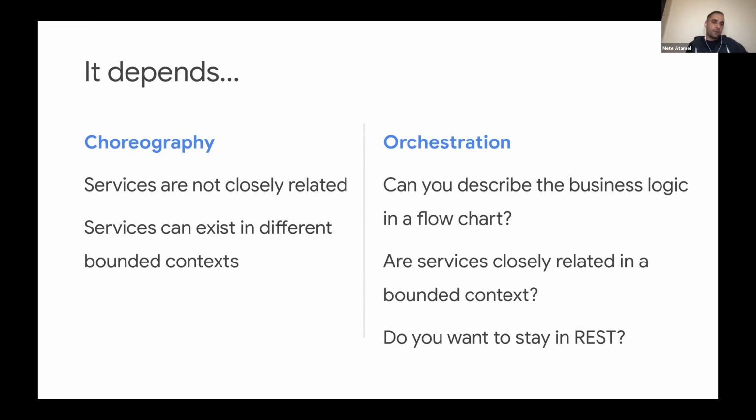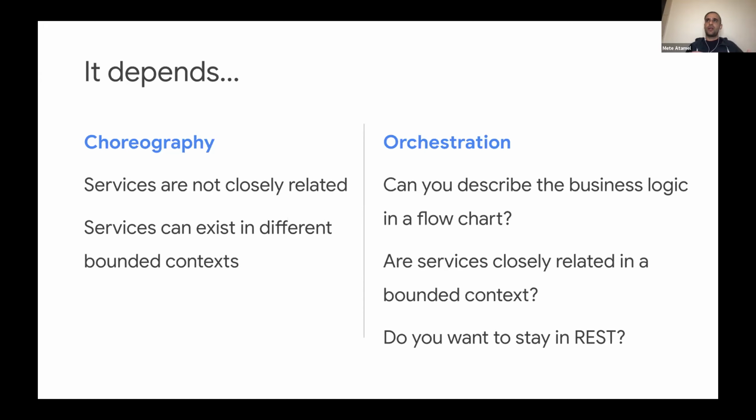And I also see people using orchestration because they want to stay in REST HTTP calls. They don't want to deal with eventing. And the reason for that is that eventing, even though it gives you flexibility, also gives you a lot of complexity, because with eventing, you need to deal with multiple topics. You need to deal with multiple different event types.